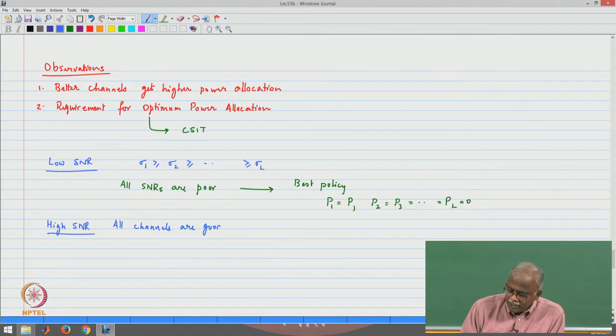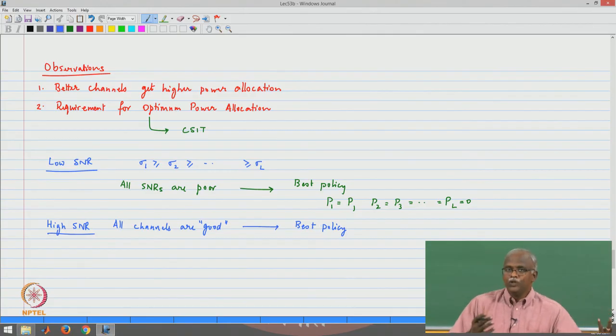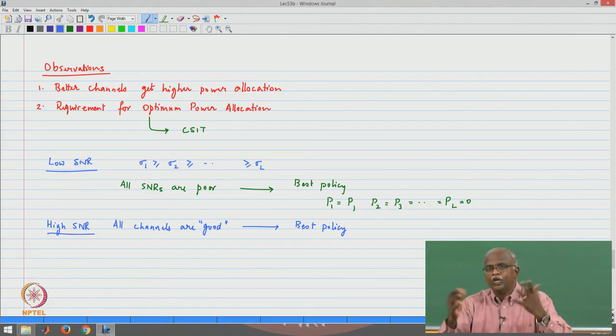So, under this condition, again asymptotically it turns out that the best policy is something that you may be able to guess. When all the channels are good, there is no need to fine tune your power allocation.